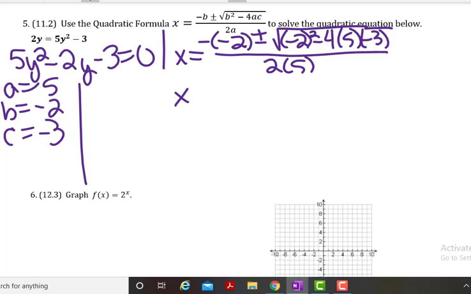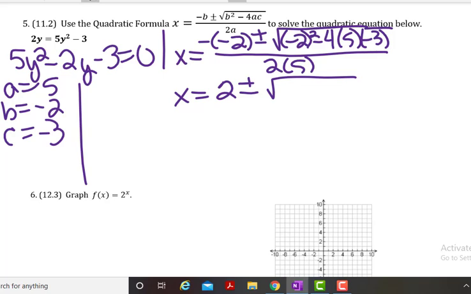Simplify what's underneath the radical, and I can also say minus a negative 2 is a positive 2. Negative 2 quantity squared is 4, and then it would be plus 60, because negative 4 times 5 times a negative 3 is 60.